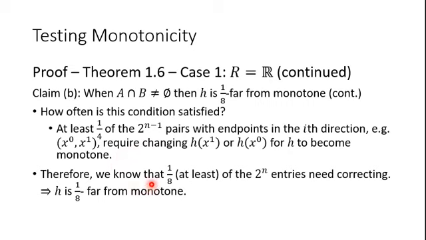So therefore, we're transitioning from the pairs to entries, so we know that 1/8 of the 2 to the n entries need to be corrected. So that means that h is 1/8 far from monotone.